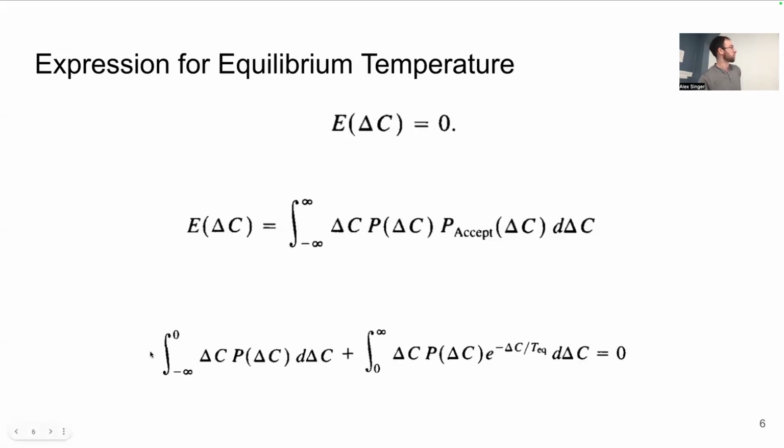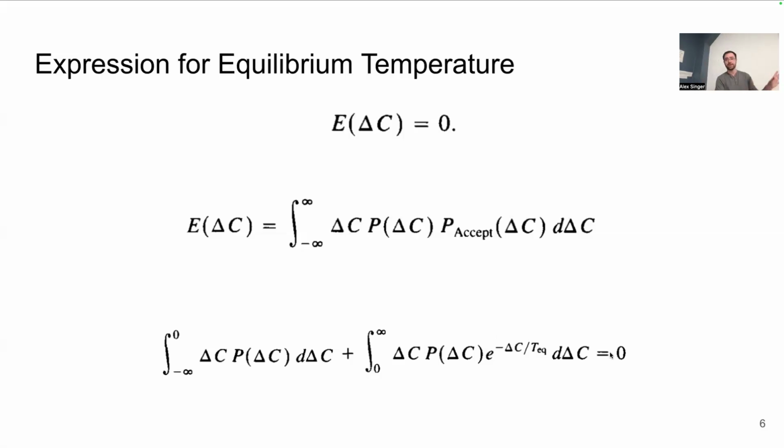The first one is for all the negative changing costs, and the right one is all the positive changing costs. So for the negative ones, we don't have a probability of accept. You just take the probability of seeing that changing cost times the changing cost. The right side is the changing cost times the probability of seeing the changing cost multiplied by that Boltzmann probability. And our goal is to find where this is equal to zero.